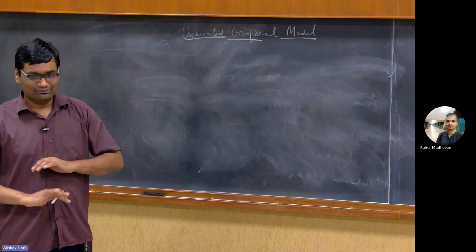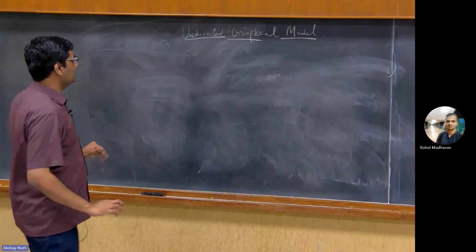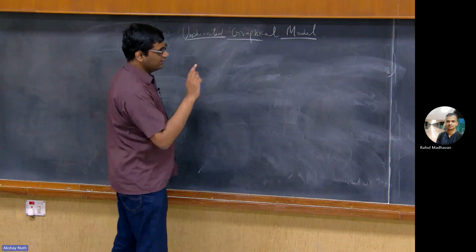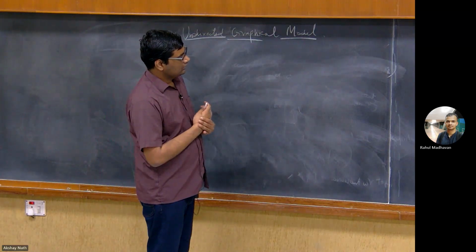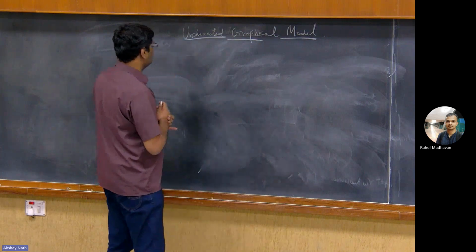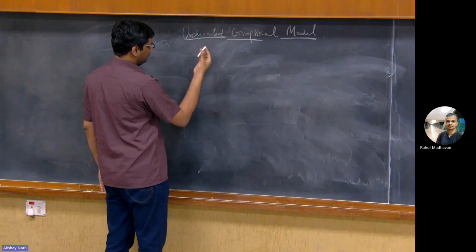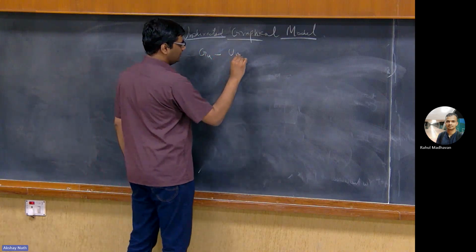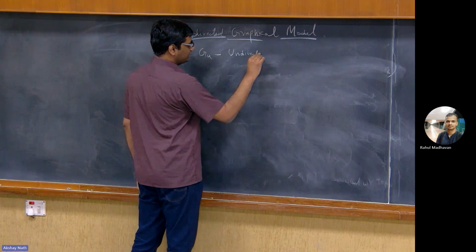Forget about everything I've said. Just go and introduce a new set of things. Okay, an undirected graphical model, we use G, maybe G_U for the undirected one. Is that fine? So this is an undirected model. There is no orientation.